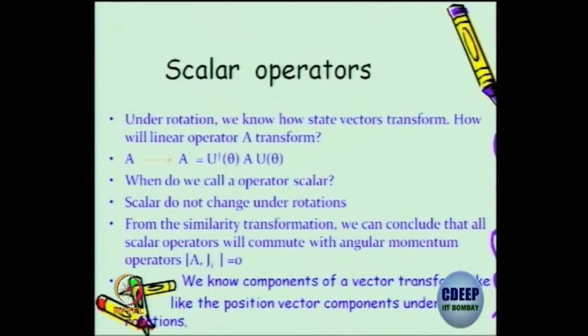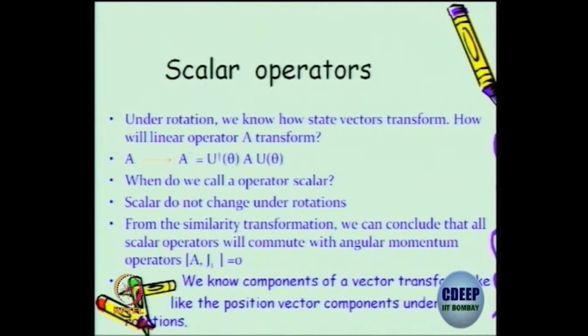Classical mechanics tells us that if you have a vector operator or a position vector, you know how the position components of that vector transform under rotations. All of you know. And any vector operator, like the vector potential or electric field, momentum, they have to transform. Their transformation properties are not different from the components of your position vector, right? That is why you call them vectors.